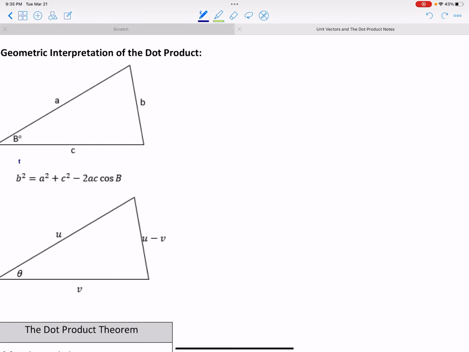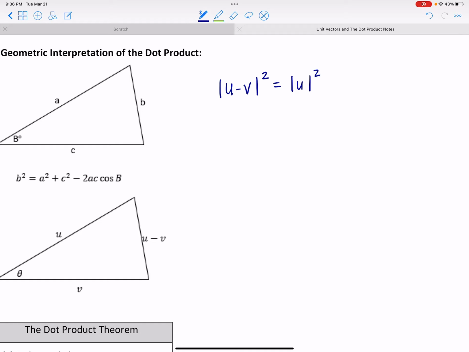So instead of b squared, I'm going to say the vector u minus v, that magnitude is going to be squared. And it's going to equal, instead of a squared, this vector, the magnitude of u, that has to be squared. So the magnitude of u squared. And then I have c squared, so that's v.